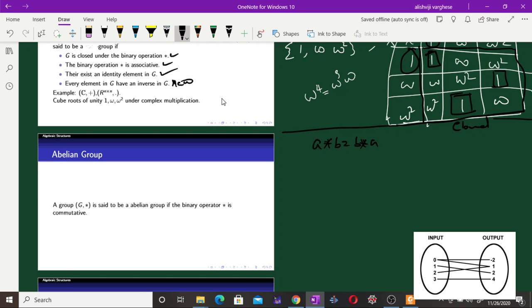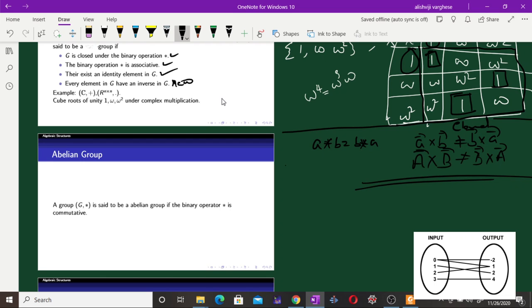So if you consider the cross product of vectors, A cross B is not equal to B cross A in general. So they are not abelian, or they are not commutative operators. And for matrices, A times B is not equal to B times A in general, and therefore they are also not commutative.